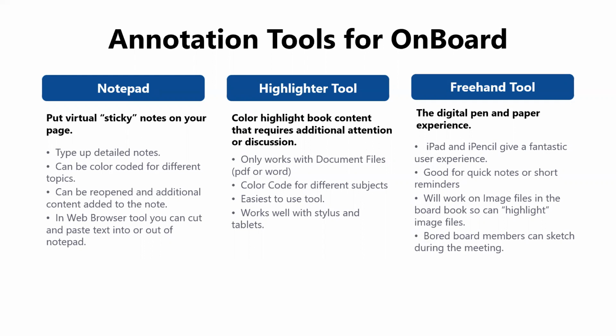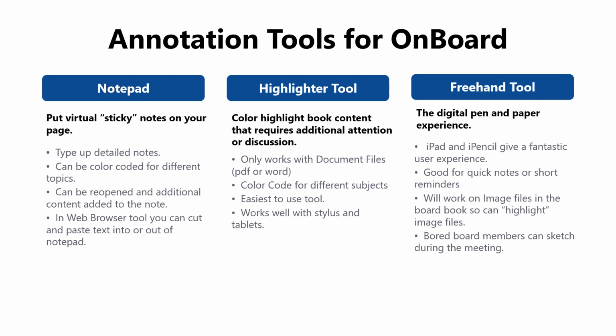So sometimes I know people tend to put loading PDF files into OnBoard. When you do so, you want to make sure that you're using the PDF document format, because that's going to allow the highlighter to work effectively. If you're just taking an image scan, a PDF image scan, and loading that into OnBoard, you're not going to be able to use that highlighter tool as effectively.